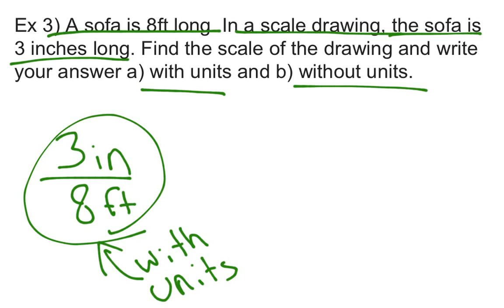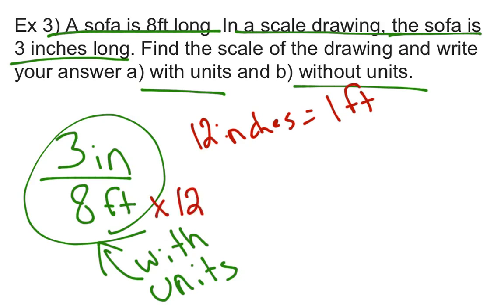Now, as you heard me talk about in the other examples, if I want to write something without units, I can get rid of the inches and the feet, but they have to be the exact same units. It has to be either inches and inches or feet and feet. Since I know that 12 inches equals 1 foot, I can take this 8 feet and change it to inches by multiplying by 12.